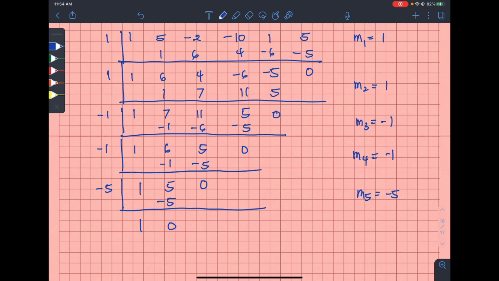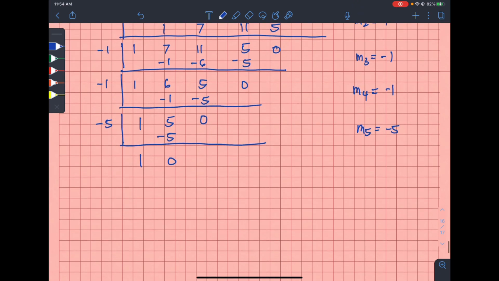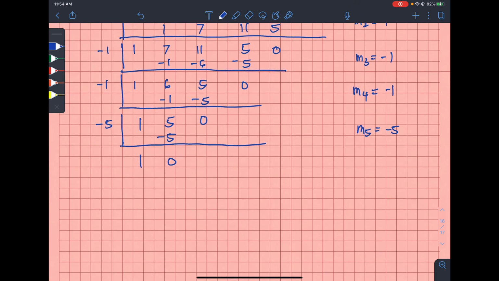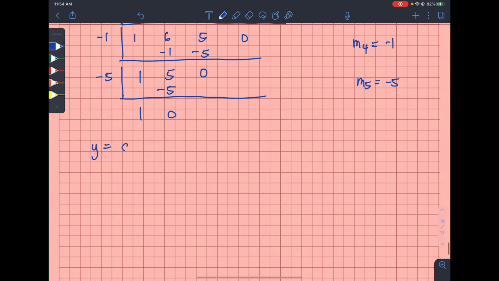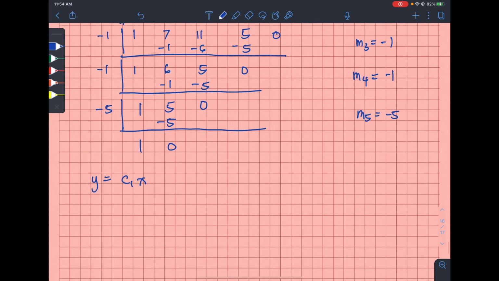So yun na siya. So we have repeated roots, 1 and 1. Repeated roots, negative 1 and negative 1. And then m5, which is a distinct root of negative 5. So y then would be c1 x e raised to x plus c2 e raised to x. That is for m is equals to 1.